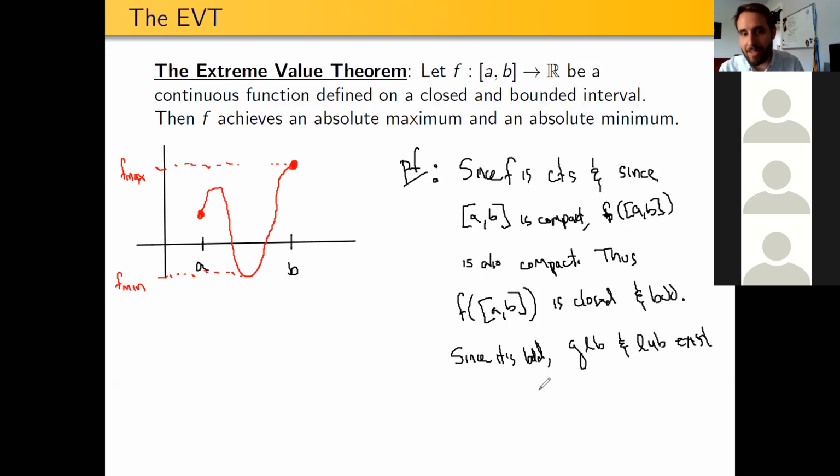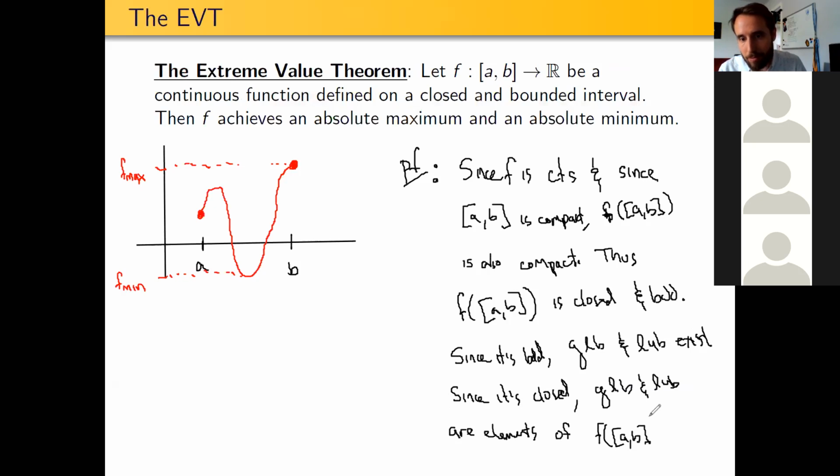And since the set is closed, both the greatest lower bound and the least upper bound are in the image itself. So they are elements of that image. And that's exactly what we were trying to show. These are therefore the maximum value and the minimum value because they're the greatest lower bound and the least upper bound.